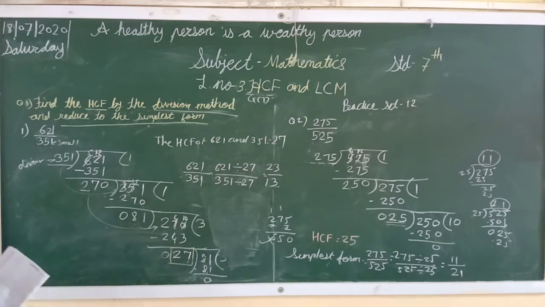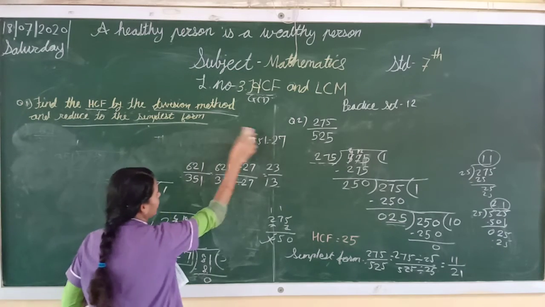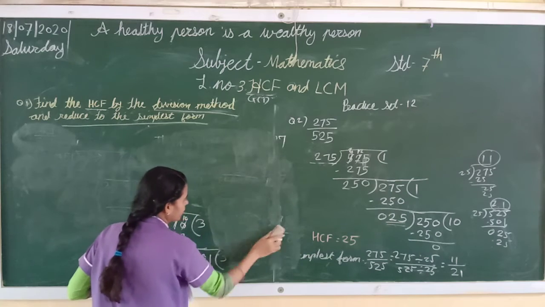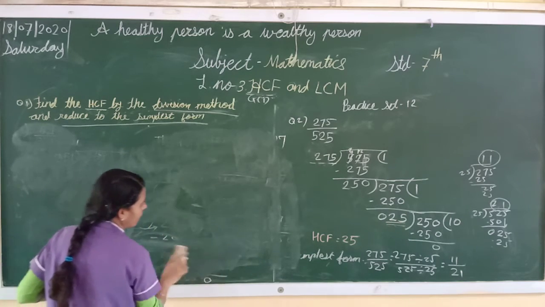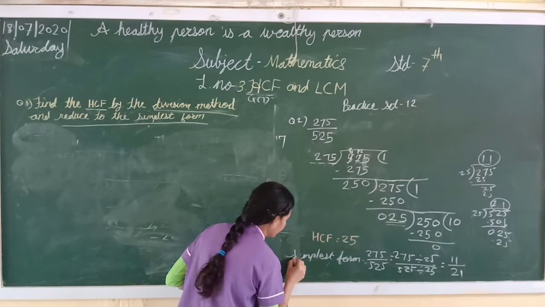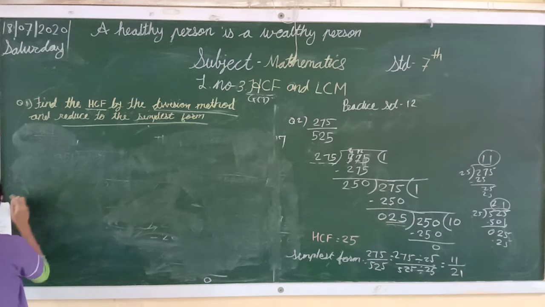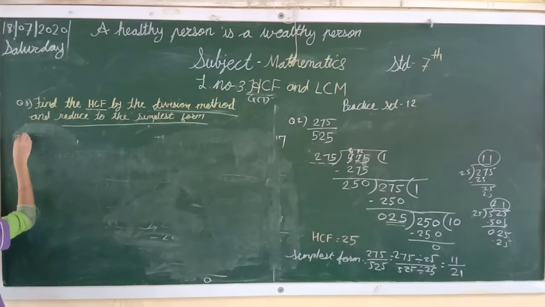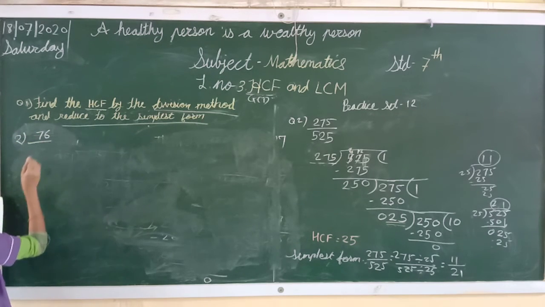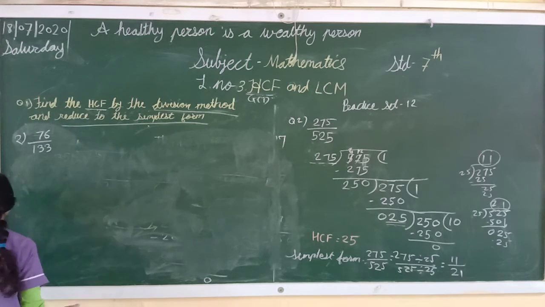One more we will solve. Practice set 12, second one. Okay, so students, which one is next? Second one, 76 upon 133.